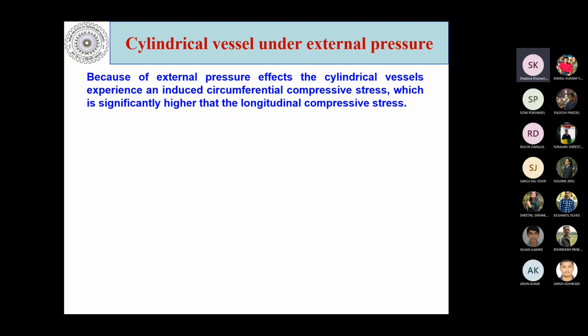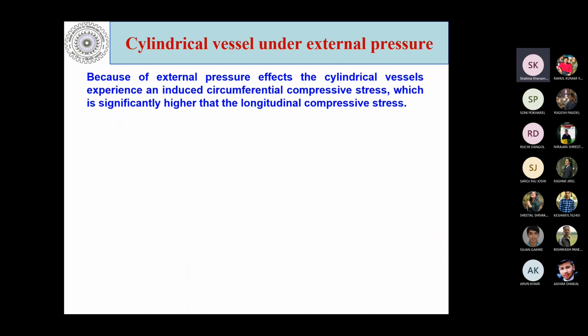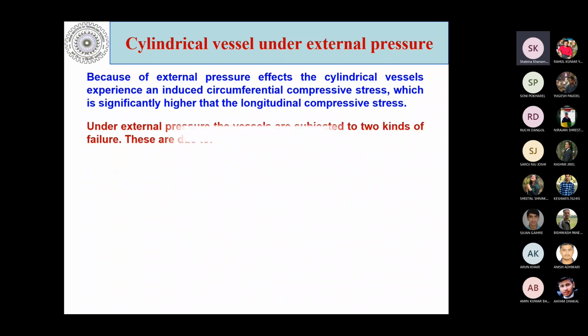Therefore, we need to keep these vessels safe along the length. If we can keep the vessel safe along the length, then the cross section, which is already less critical, will also be safe. So failure will mostly occur from the circumferential side, and the reason, as I have already told you, is that the circumferential compressive stress is twice the longitudinal compressive stress.